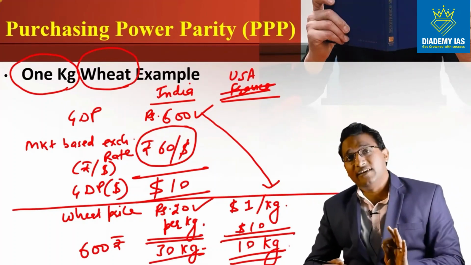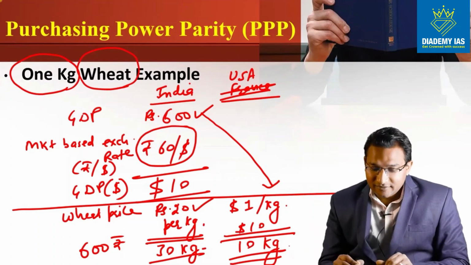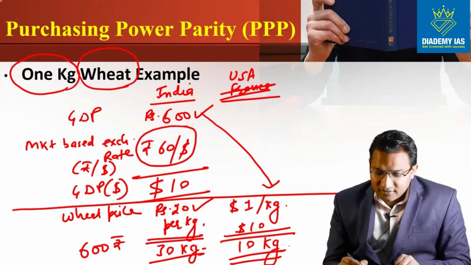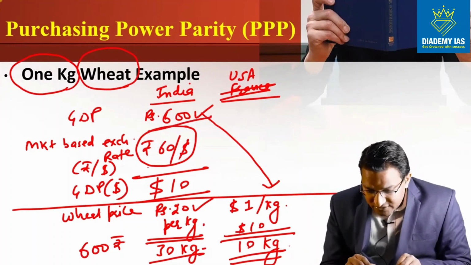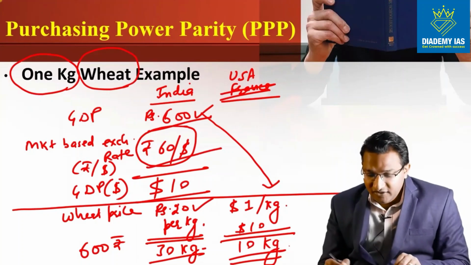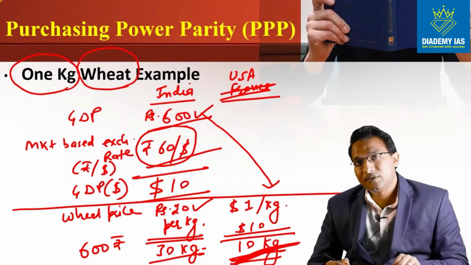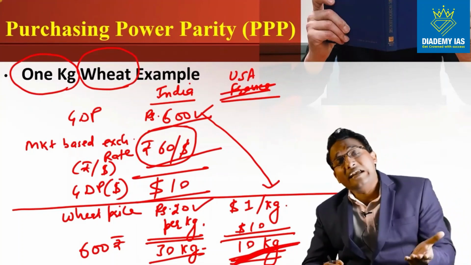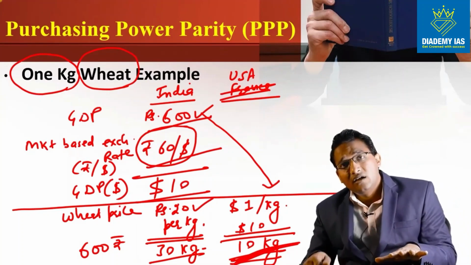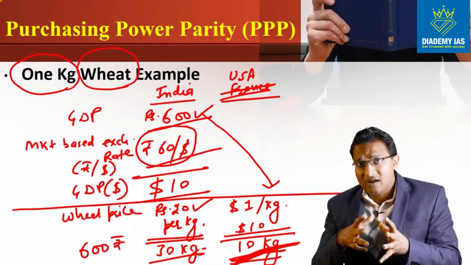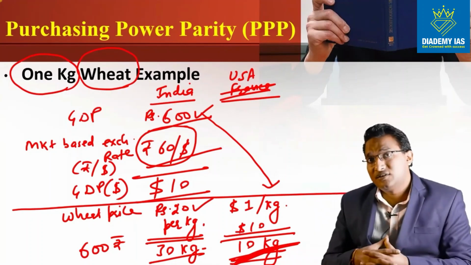So one thing you can see over here is that if we convert this 600 rupees based upon this 60 rupees per dollar, we can buy only 10 kg, right? However, in reality, in India, how much are we able to buy? We are able to buy 30 kg.